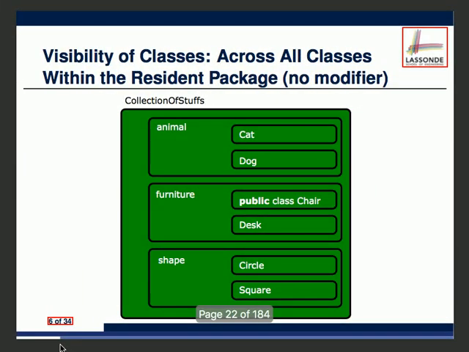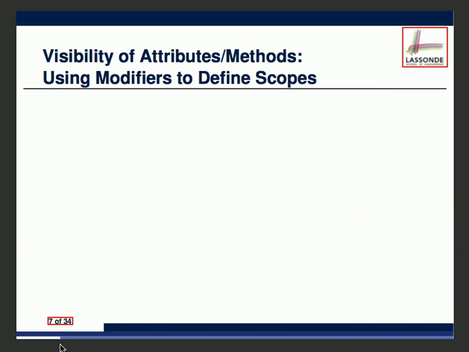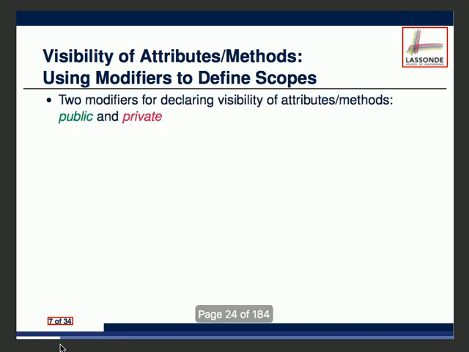Okay, so now for attributes and methods, the same rule is going to be applied. First of all, we used to get only one modifier for the class, which is public. Is it public or not public? But now, for attributes and methods, we got 2 possible modifiers. It can be public or it can be private.